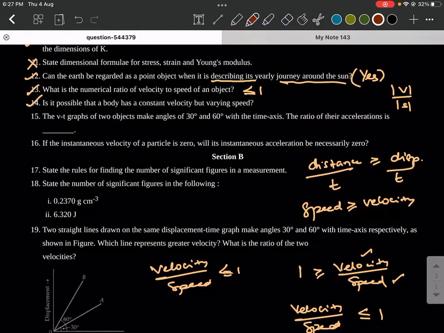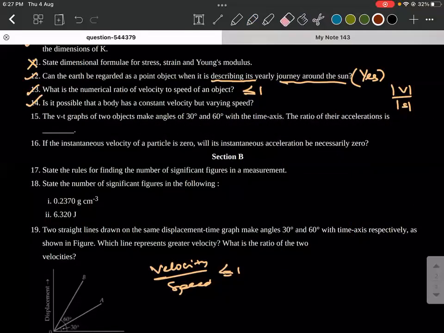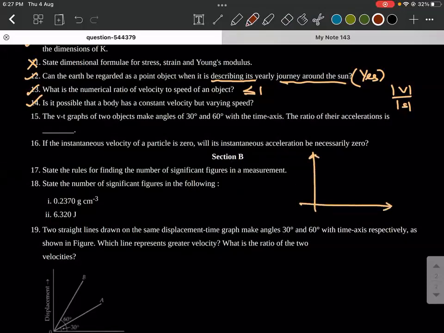Okay. So look at the 15th one. You have velocity time graphs. For a velocity time graph, what does acceleration represent? It is the slope.